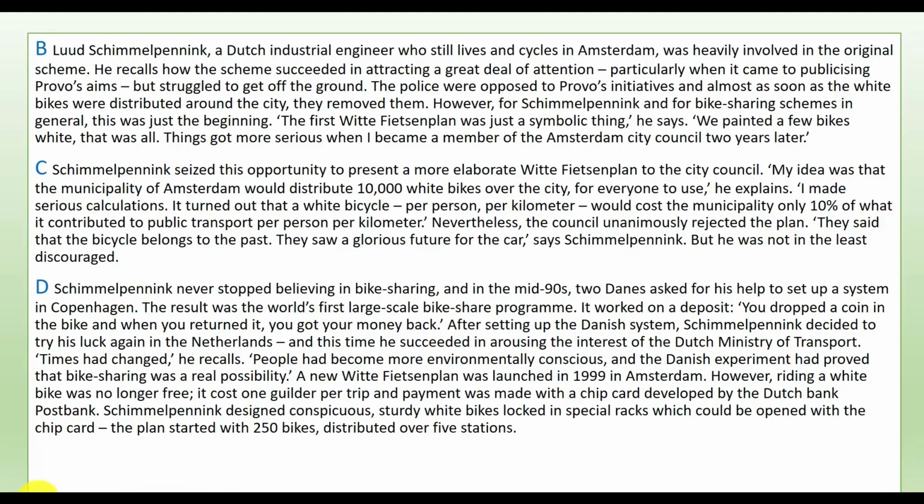Okay, now let's go to the next slide. We have different numbers in the passage, and as you see, finding the numbers is not very tricky or difficult. Okay, now: launched in 1999 in Amsterdam.